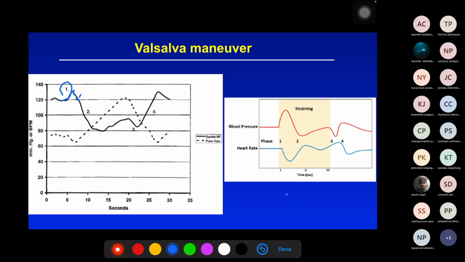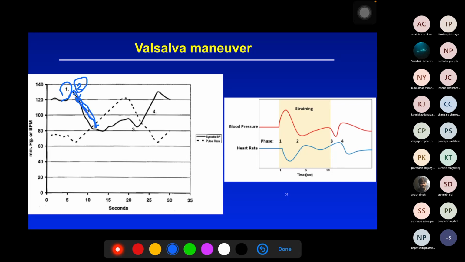After that, the intrathoracic pressure increases, so the blood return to the right side of the heart is decreased. Then the blood to the lung and to the left side of the heart is also decreased. That's why in the second phase, we see the pressure drop.